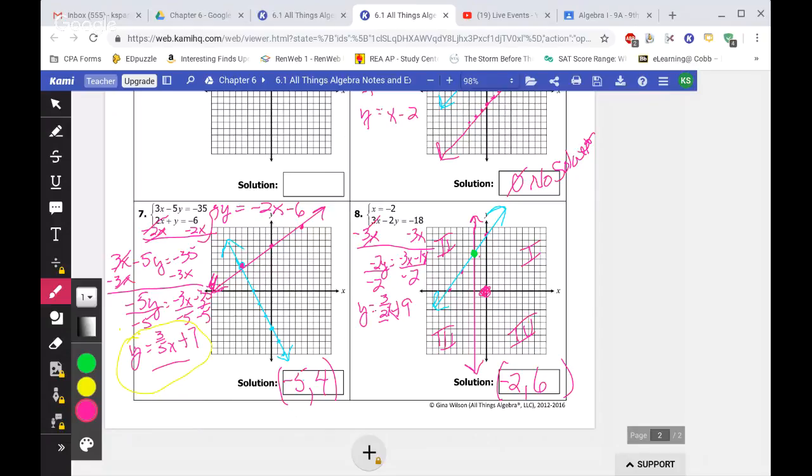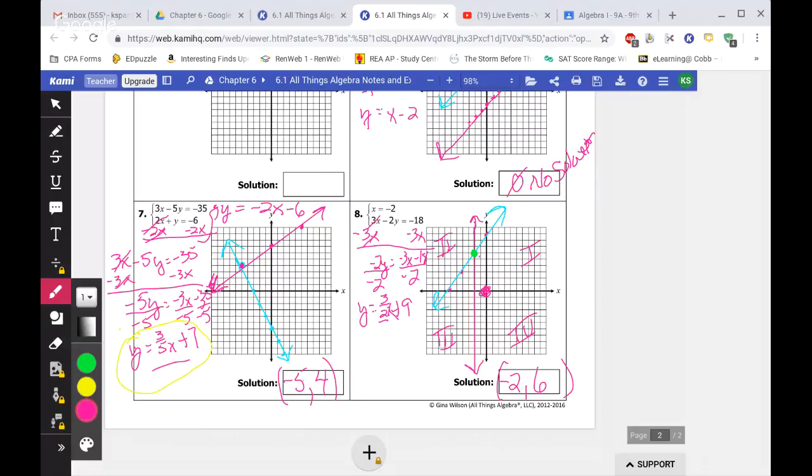Kennedy, does this clarify for you? I don't know what I did on number 7. Can we go over that one in class? Yeah, okay, let's see.